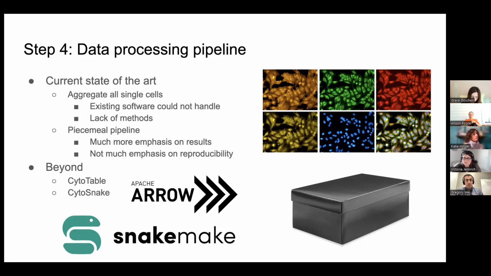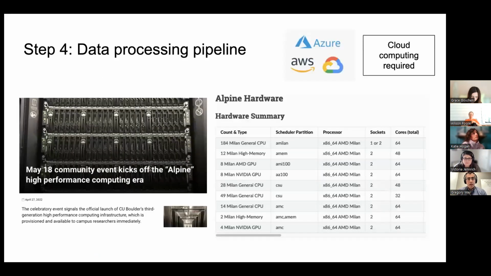I should also mention that all of this software is open source, and anyone can contribute to it and see the code. We also rely on cloud computing. It's more or less required to analyze drug screen data. Luckily, Alpine exists.